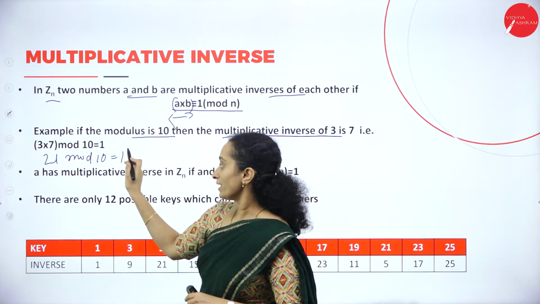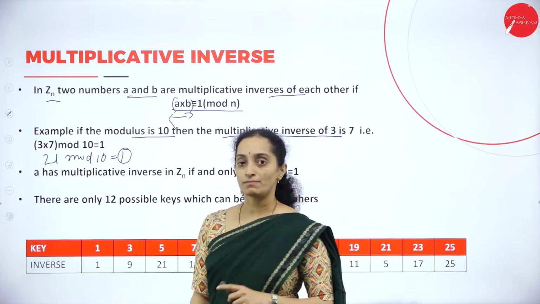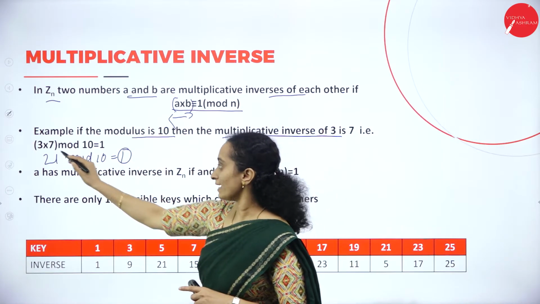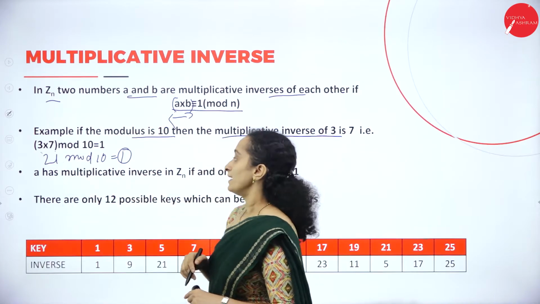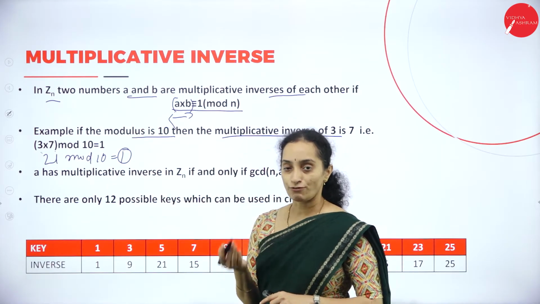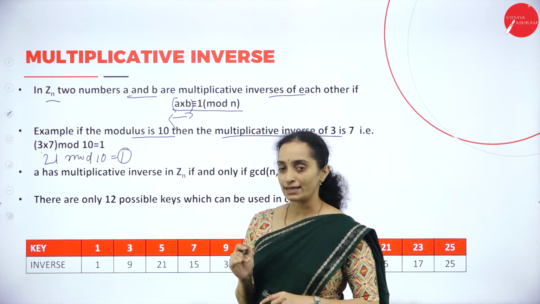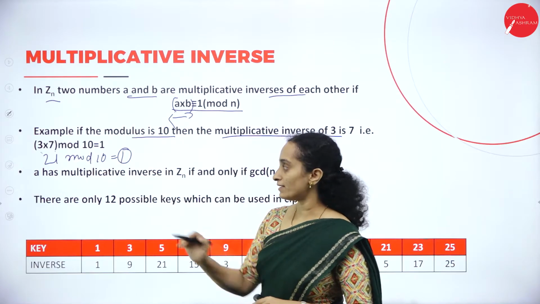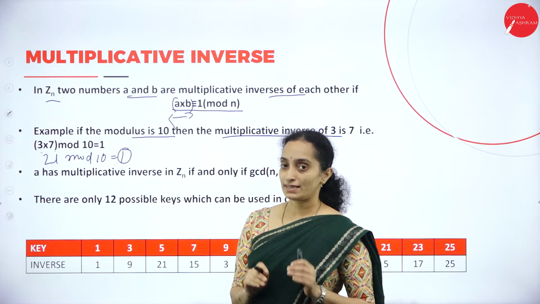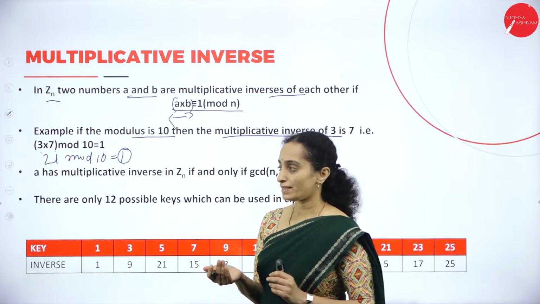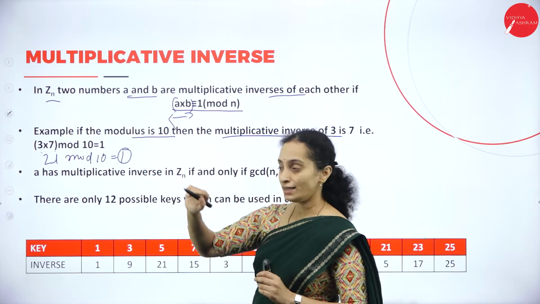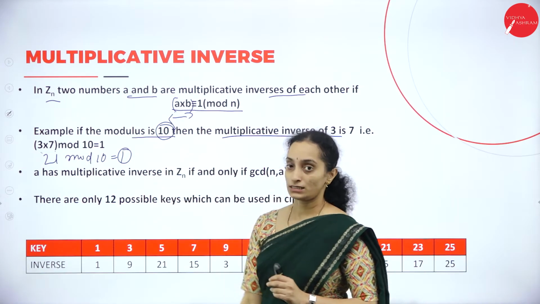So, the final product of this operation must always be 1. In such a case, these two will be multiplicative inverses of each other. If 7 is there, 3 is the multiplicative inverse, and if 3 is there, 7 is the multiplicative inverse when modulus is 10.